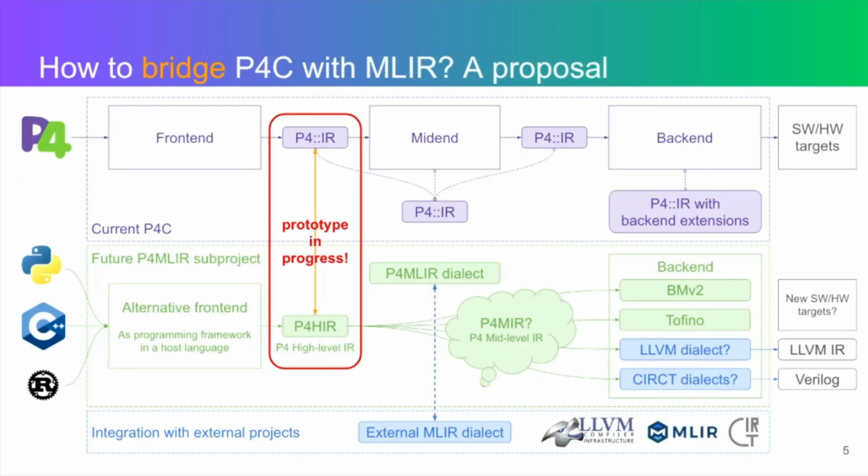Is it currently the plan just to have a one-to-one mapping between P4IR and this IR? That's my personal plan, because I'm not an expert in designing IR, but I think this might be a starting point: if we can map the existing P4IR to the MLIR framework, there are opportunities that there might be other MLIR dialects, and then there can be transformations between them.